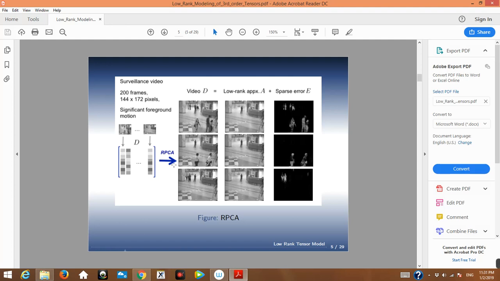And then if we perform robust PCA on this matrix, we can recover the low-rank approximation of the original image plus the sparse error. So you can see the RPCA technique can recover the low-rank structure of the video sequence plus a sparse error.